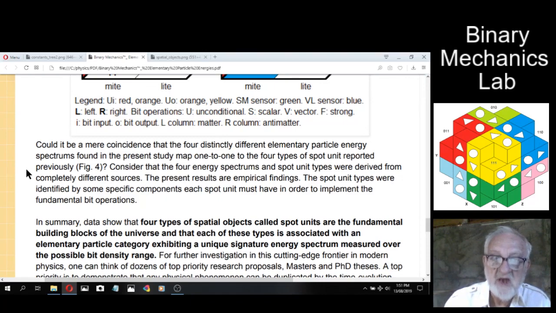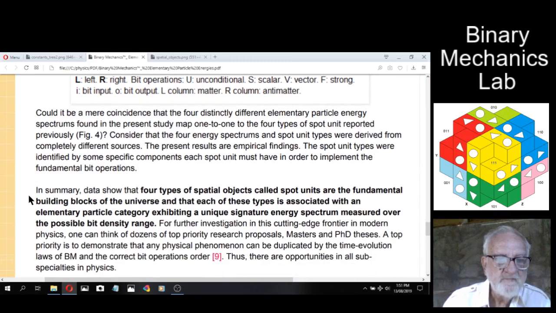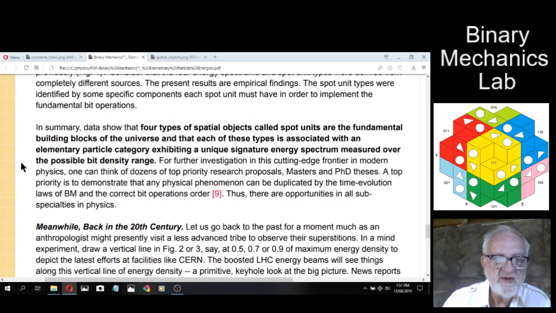The spot unit types were identified by some specific components each spot unit must have in order to implement the fundamental bit operation. In summary, data show that 4 types of spatial objects called spot units are the fundamental building blocks of the universe, and that each of these types is associated with an elementary particle category exhibiting a unique signature energy spectrum measured over the possible bit density range.